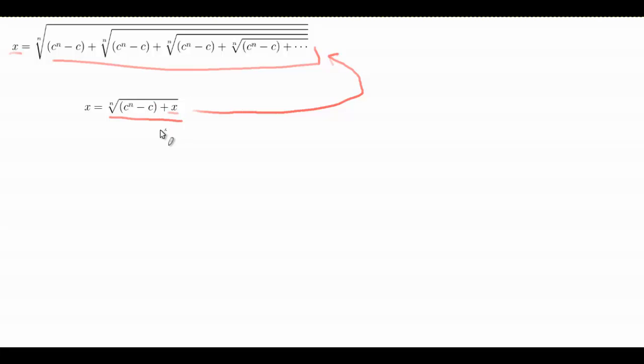But what's very easy to notice is that we can only get one solution for x, and that is going to be the solution of x equals c.